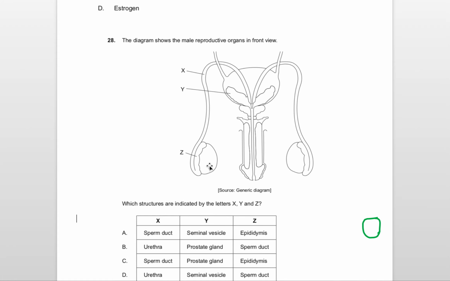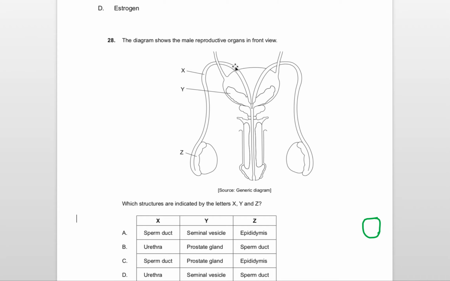Basically, the process that happens for you to understand is the sperm is made here in the testes, and then it's stored here in the Z. Afterwards, it is brought up through this pipe, and you can see it follows and eventually will come down here and out, right?